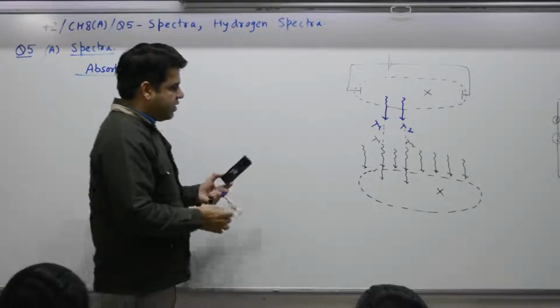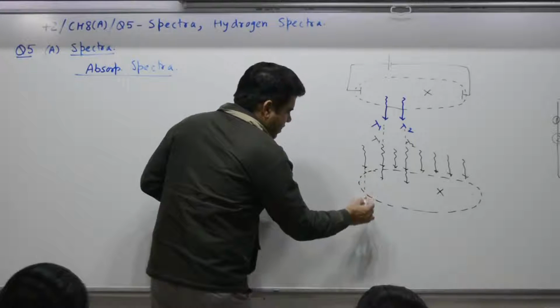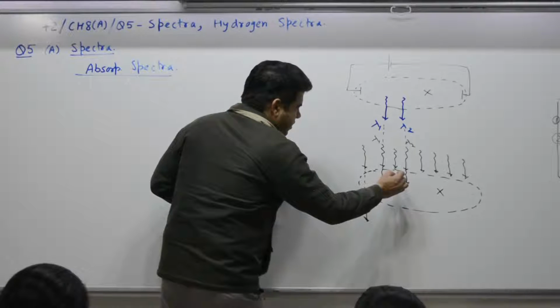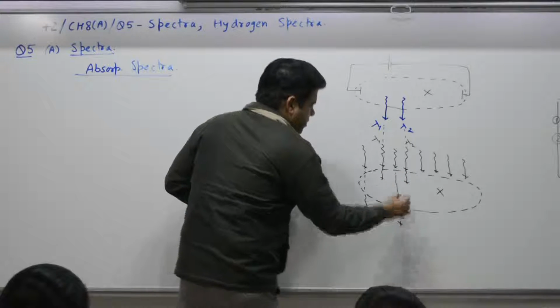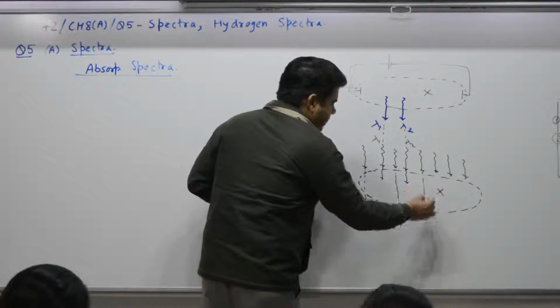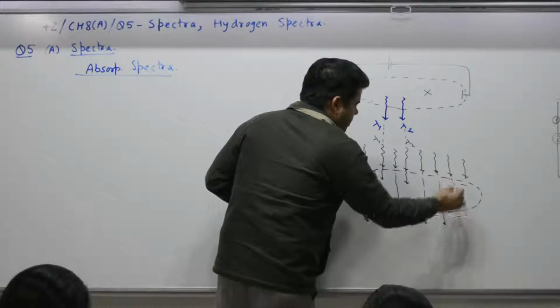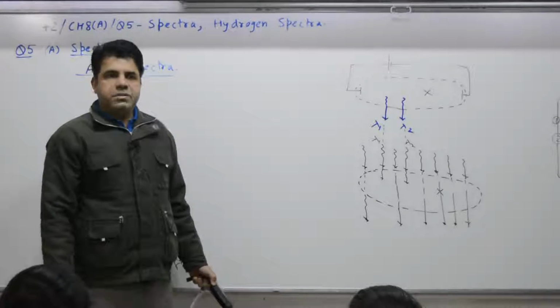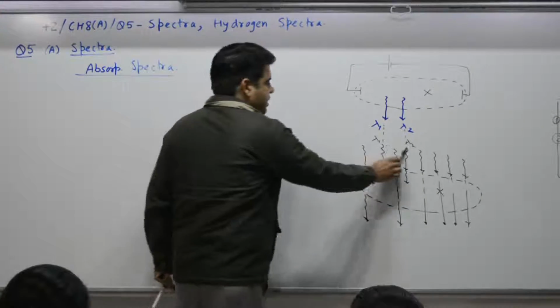What you get at the output is that this wavelength is available, lambda 1 is missing, this is available, lambda 2 is missing, and the rest are available. All wavelengths are available except lambda 1 and lambda 2.